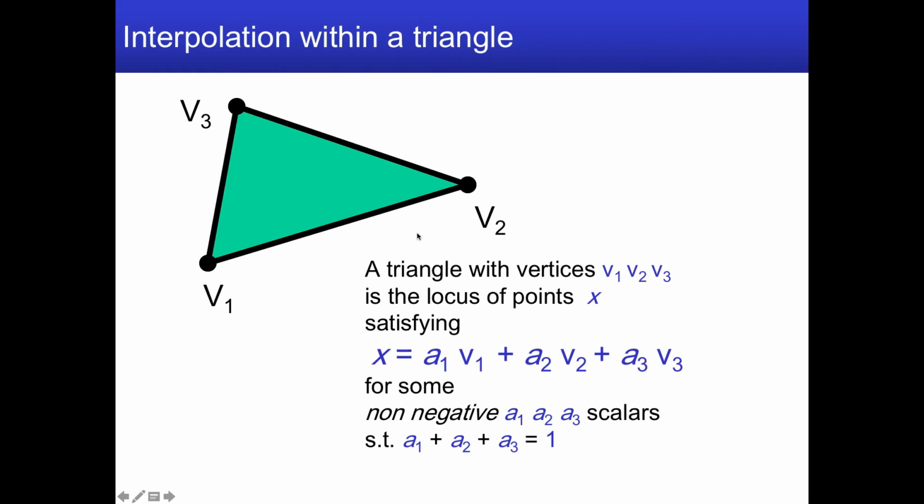So for example, what would be the barycentric coordinates for a point in the middle here? Yeah, 1 over 3, 1 over 3, 1 over 3, right? And then you get the barycenter of this triangle, right?